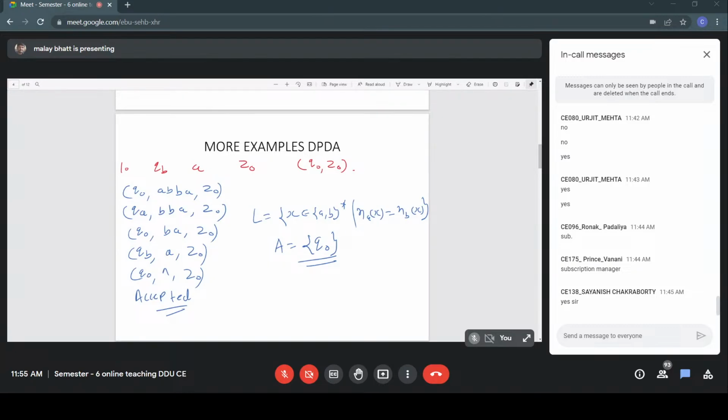So now here Q0, A, B, B, A and Z0. We'll shift from Q0 to QA state as per rule number 1, then BBA Z0. Now QA, B, Z0. Right now we don't have any A on the stack, so we have to utilize the A which is with the QA state.